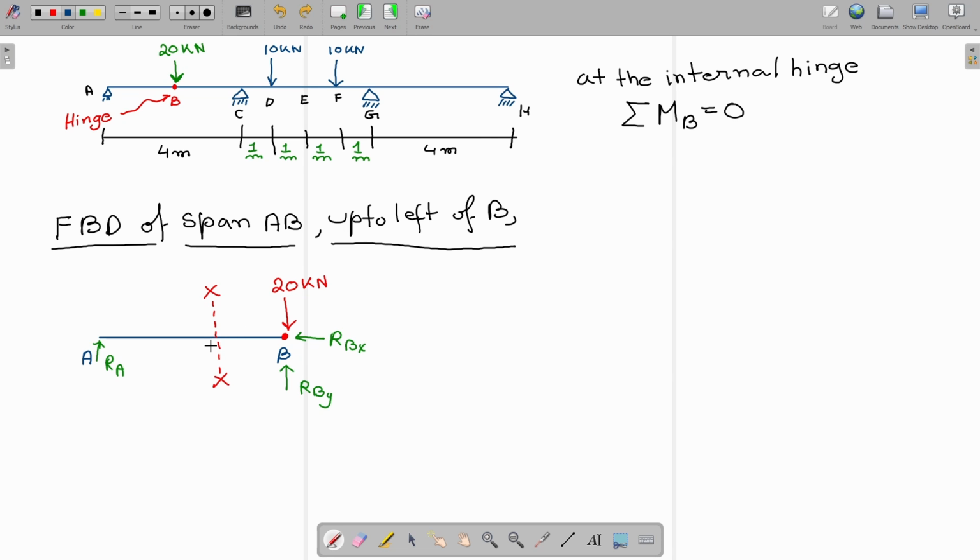Let this point be X. There are no external load and moment on AX. So RA is equal to 0.